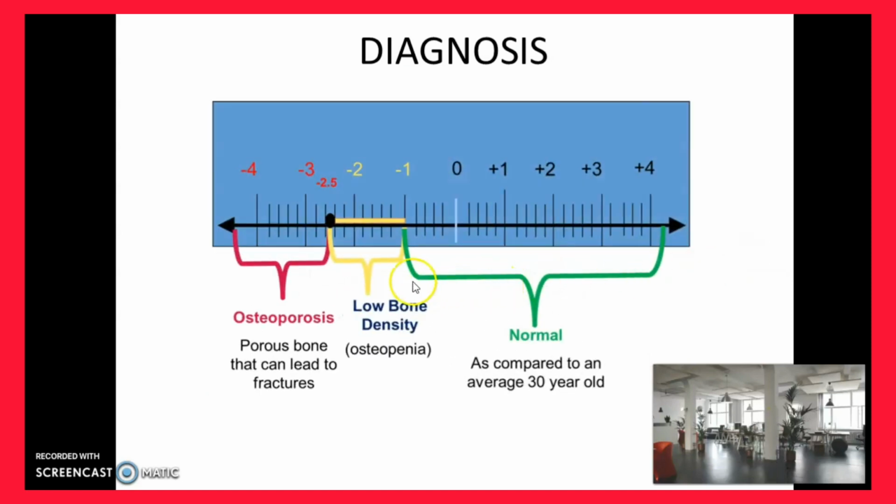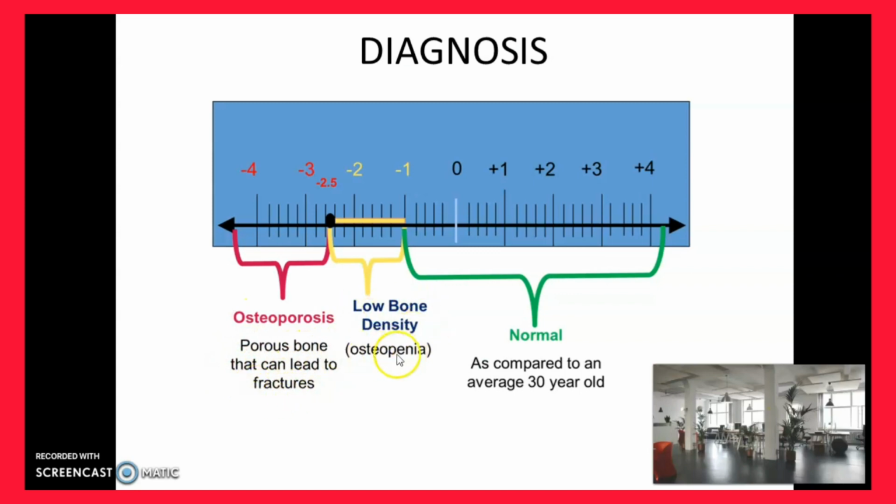This is an instrument that is used to measure, and you can see the gradients. So when the standard deviation is to the left of the 30-year-old young adult, you have osteoporosis, showing -1 standard deviation, porous bone that can lead to fracture.